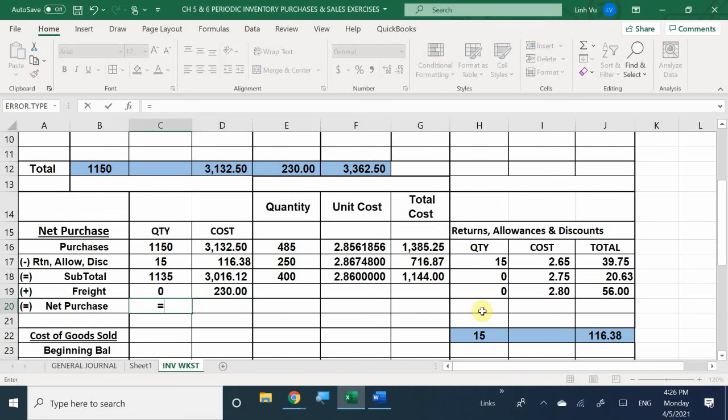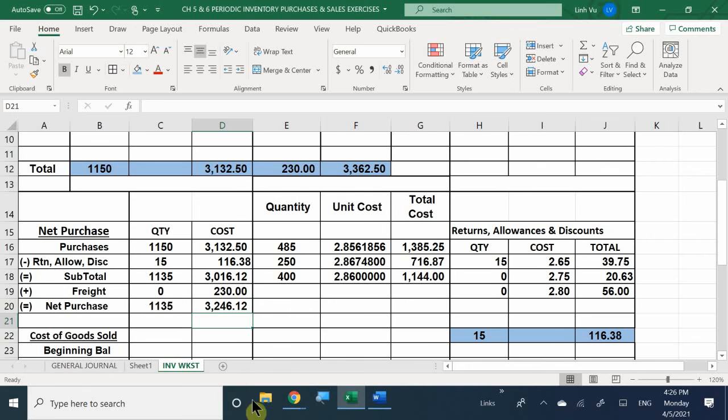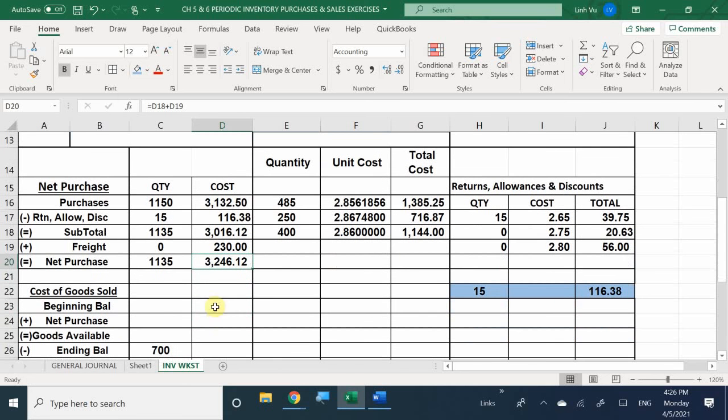So therefore, what is my total net purchases? Oh no, that's right. 1135 at a grand total cost of 32.46 and 12 cents. Good.